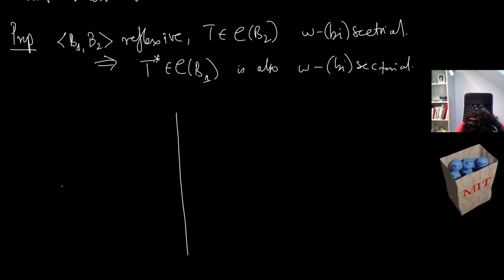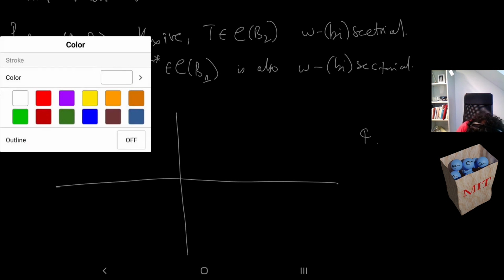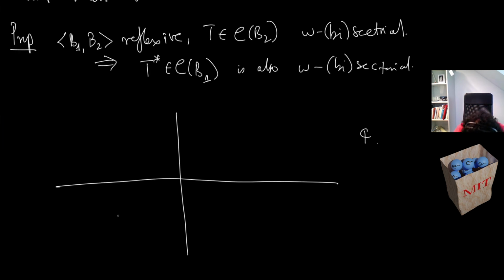So we take the complex plane. Well, we have the two bisectors, I guess. Yeah, I'll draw that in yellow.